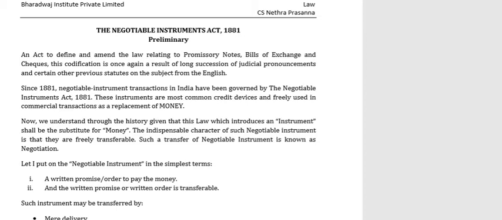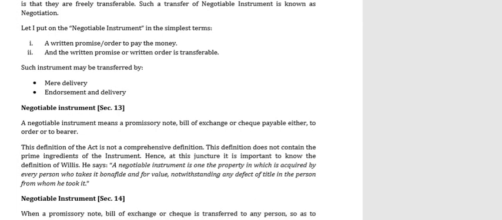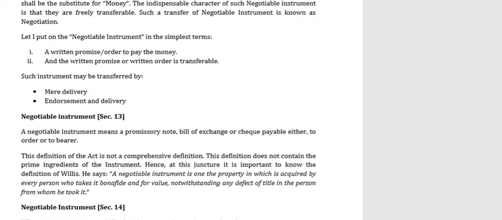Right? So, since 1881, the negotiable transactions in India have been governed by the Negotiable Instruments Act 1881. These instruments are the most common credit devices and are freely used in commercial transactions as a replacement for money. Look at this.